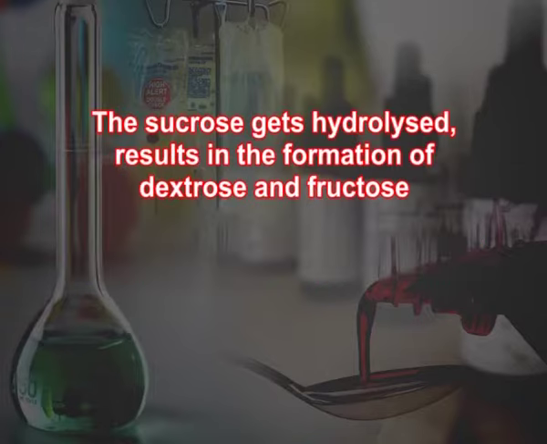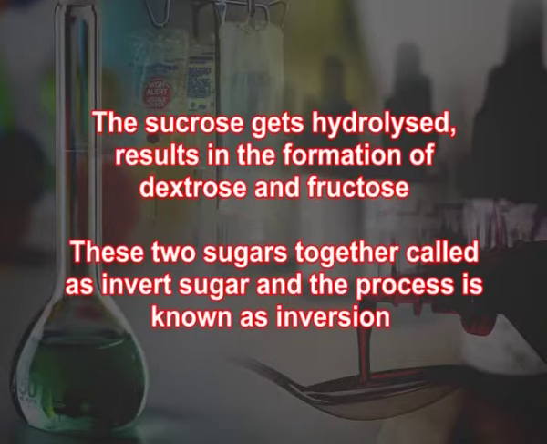During heating, the sucrose gets hydrolyzed, resulting in the formation of dextrose and fructose. These two sugars together are called invert sugar, and the process is known as inversion. The inversion leads to darkening of the solution.